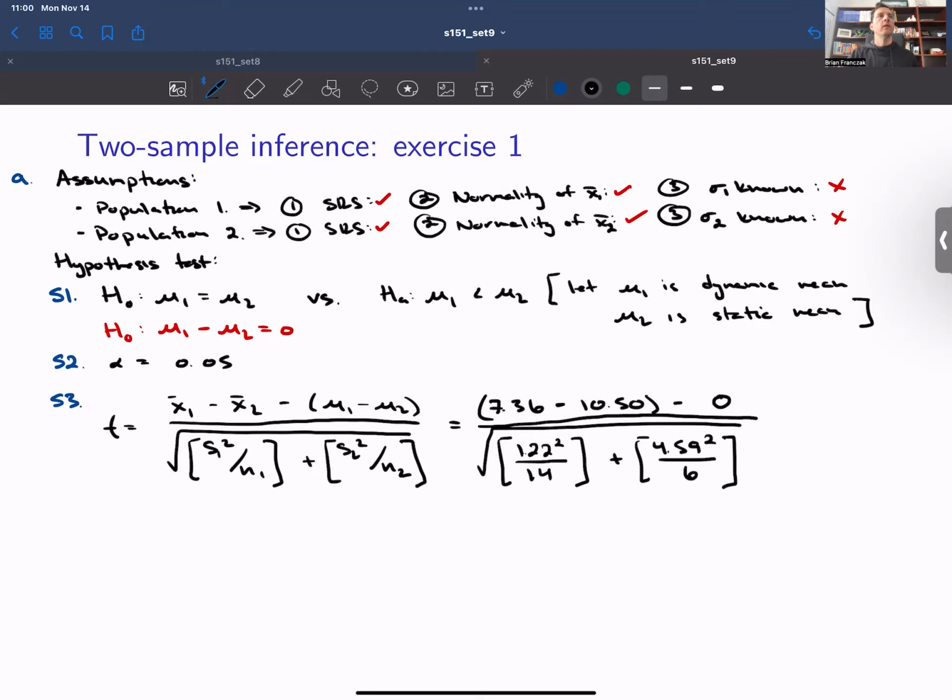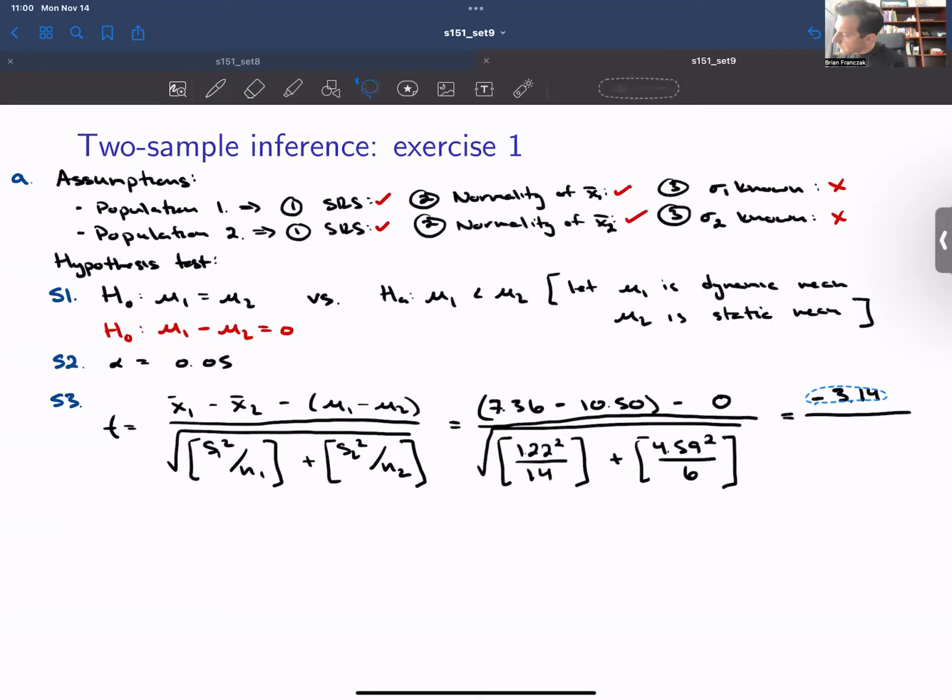Okay, so now if we work this thing out, what we should get is negative 3.143. So that's the difference between x bar 1 and x bar 2 minus 0. So that's just 7.36 minus 10.50.